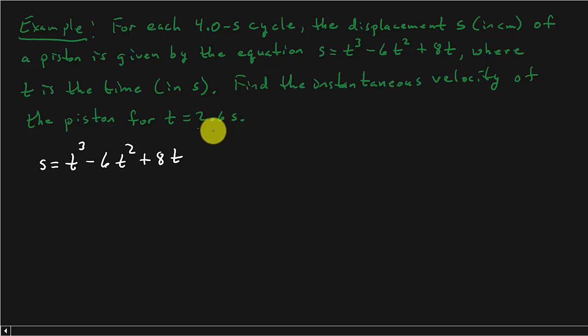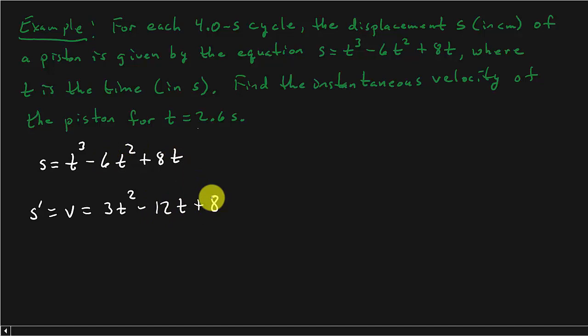So what do we do there? Well, we take the derivative of this and then we evaluate it at 2.6 seconds. So s prime, which is the velocity, is equal to 3t squared, 3 comes down, subtract 1, minus, then the 2 comes down, 12t, and then plus 8.